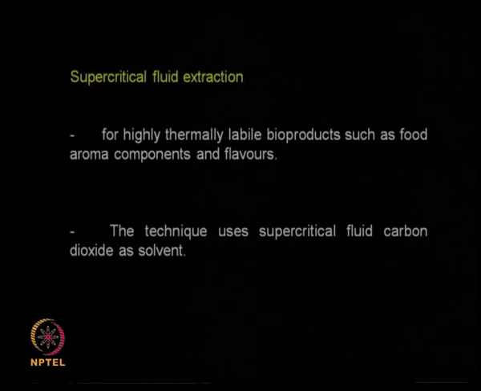So with reasonably good values of pressure you will be able to get a supercritical carbon dioxide. So it acts as a solvent. See, a supercritical fluid is neither a gas or a liquid, so it is in between. So it has got very interesting properties which is made use of in the supercritical fluid extraction.